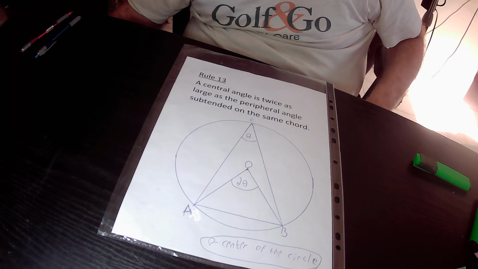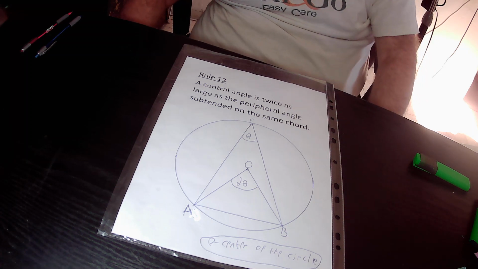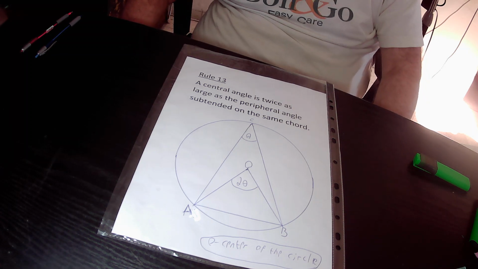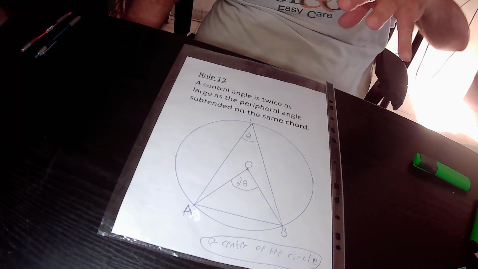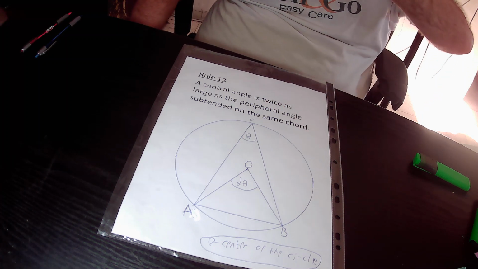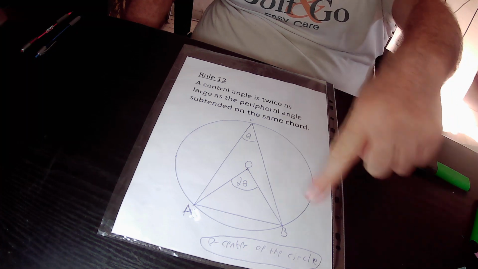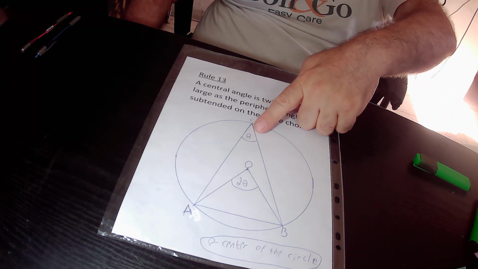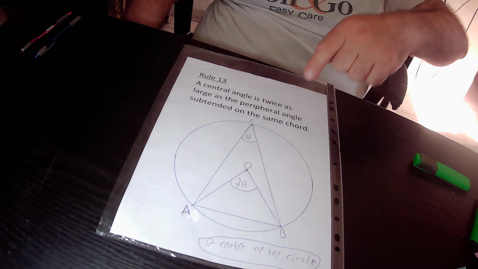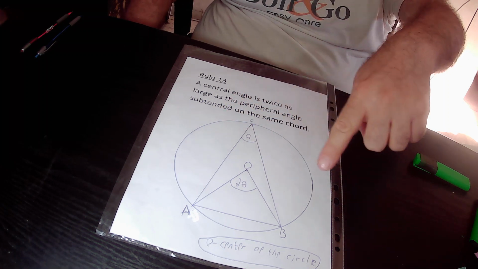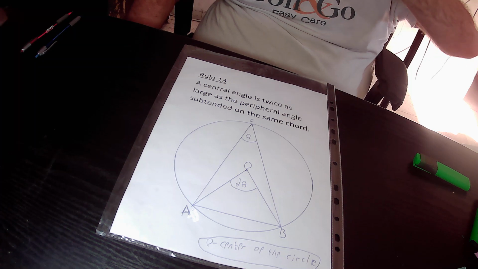According to rule 13, a central angle is twice as large as the peripheral angle subtended on the same chord. So in the drawing we have a circle, inside this circle we have peripheral angle ACB. The size of this peripheral angle ACB is theta, and it subtends on chord AB.